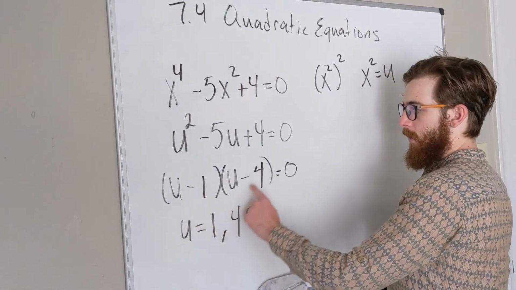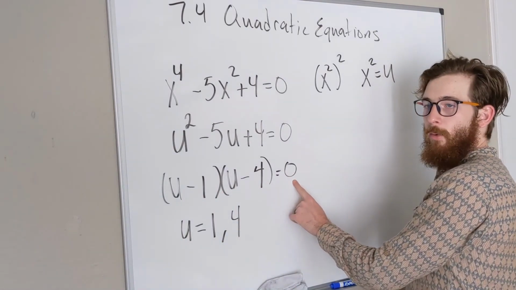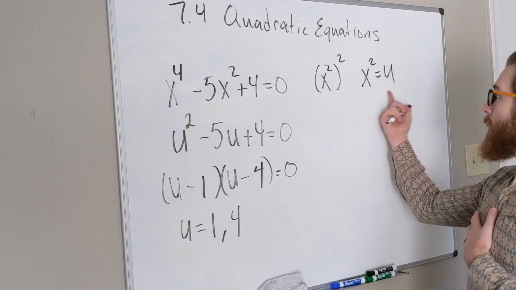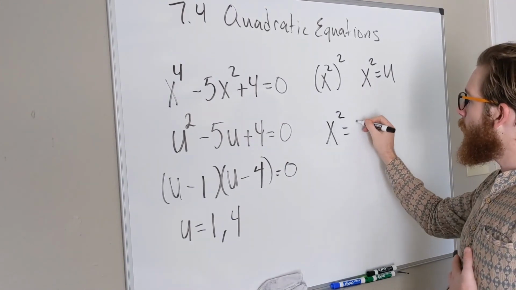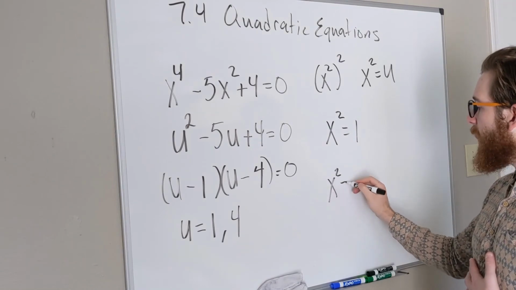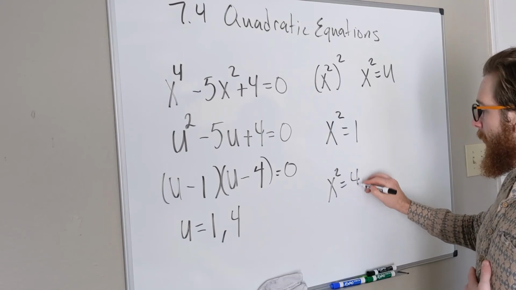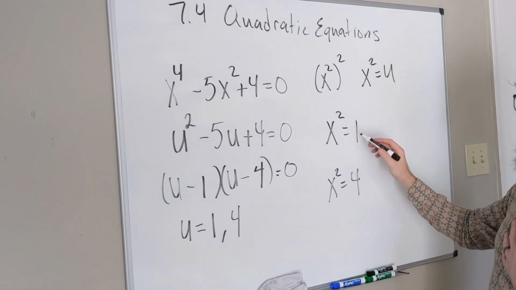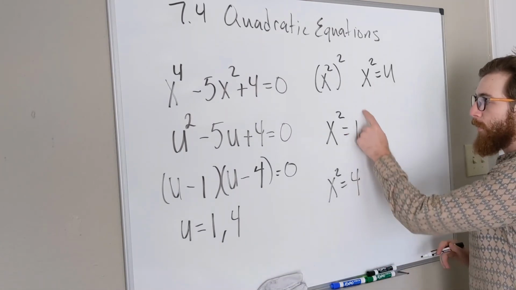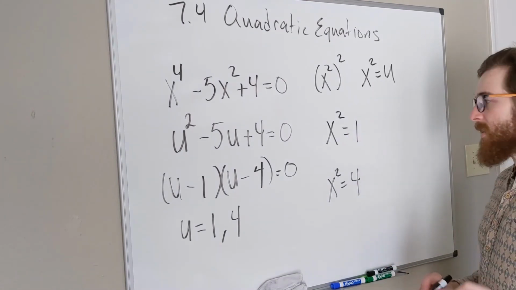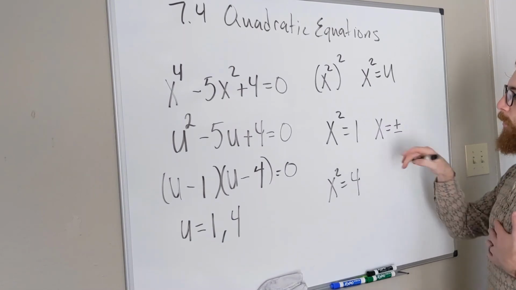1 from this one, 4 from this one, because I set these both to 0. But what was u? u was x squared. So that means I really have x squared equals 1 and x squared equals 4. So how do I get rid of the square? I square root both sides, but don't forget, when I square root a number, I need positive and minus of that. So x equals plus or minus the square root of 1.